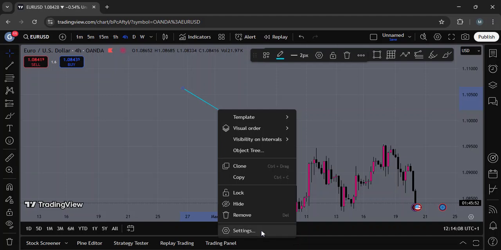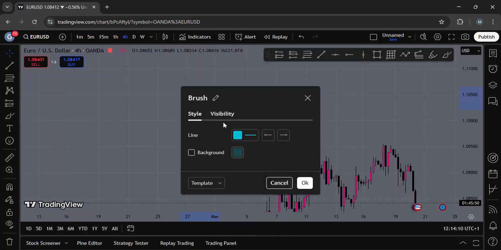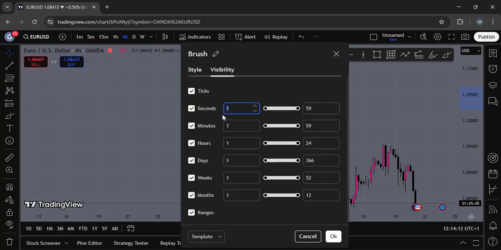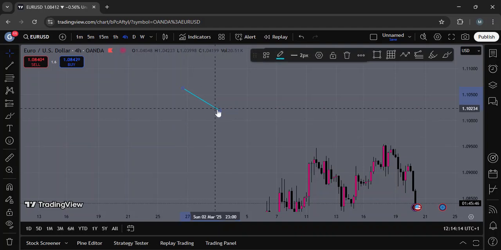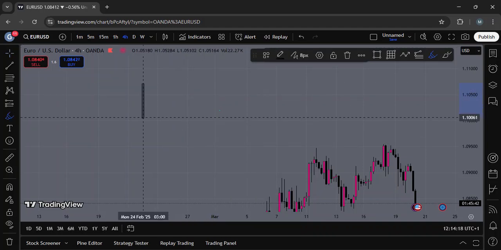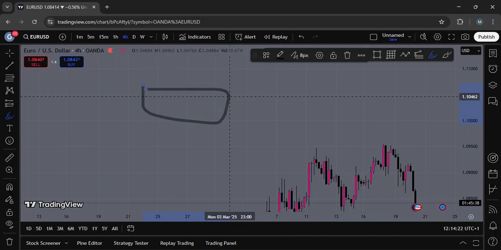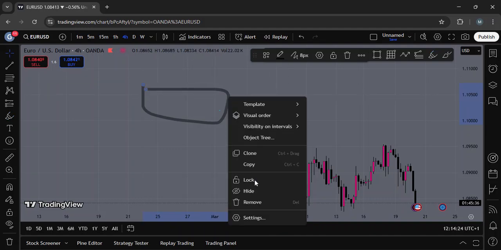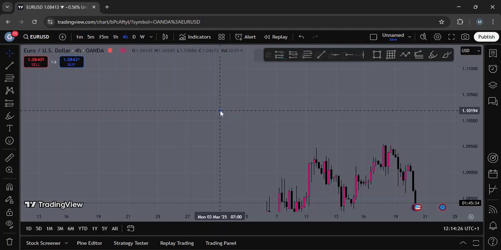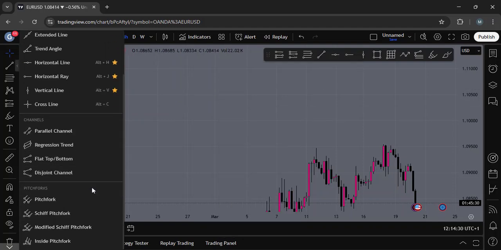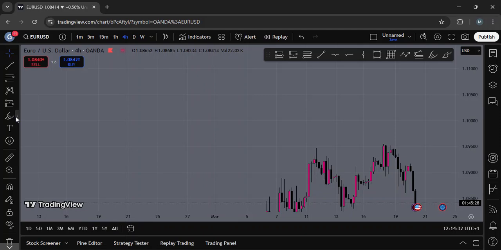Let's see, settings, visibility. No, it's not. It's just deciding to be a little bit magnetic for some reason. Come on, TradingView. Tell me you have something that actually works normally and is nice.